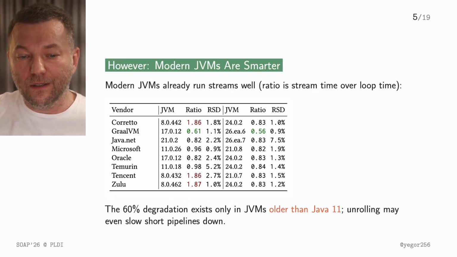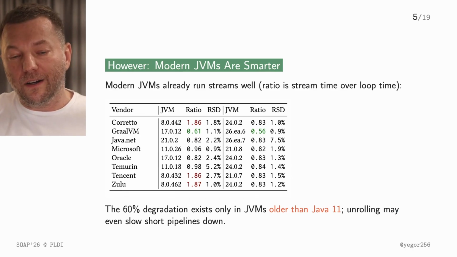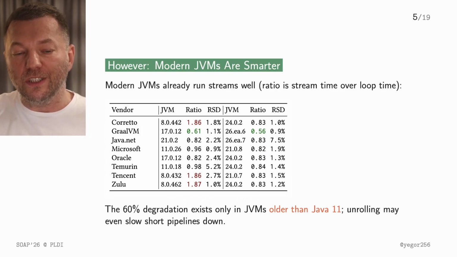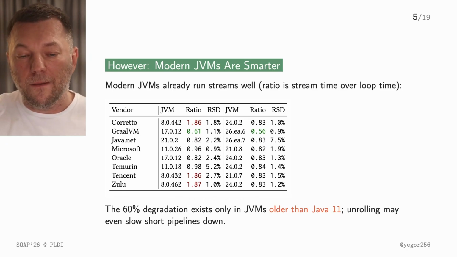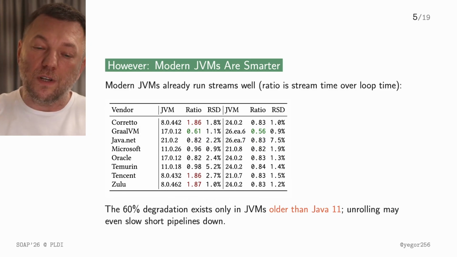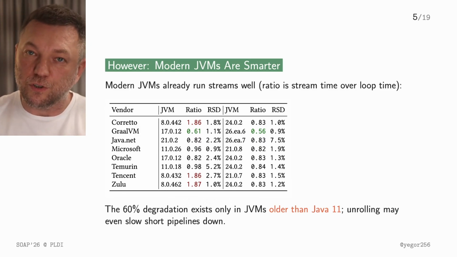If you look at the numbers here, the first group of columns are about Java virtual machines of earlier versions, which were available when Java lambda expressions were introduced. And the right group of columns are about current versions of them.